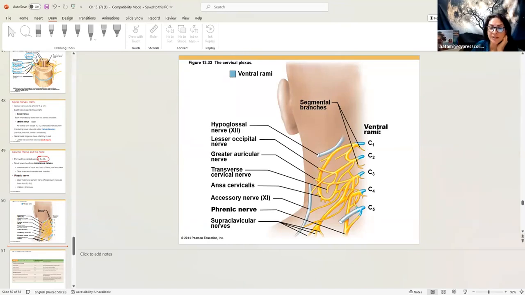For example, you can see these names: lesser occipital nerve, greater auricular nerve, transverse cervical nerve, ansa cervicalis. These are the nerves related to the cervical plexus. But I want you to know only one. Make sure you know the phrenic nerve, which goes to the thoracic cavity and innervates our diaphragm, and is a branch of the cervical plexus.